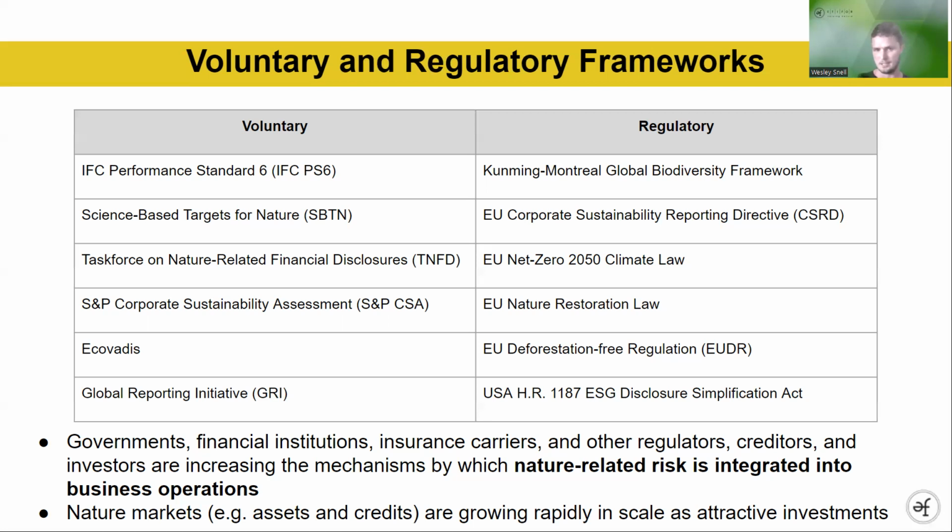And the important thing is this: governments, financial institutions, insurance carriers, and regulators, creditors, investors are putting more pressure on the private sector for integrating nature-related risk into business operations and for demonstrating that you're putting nature at the heart of your decision-making. These are growing in scale, and I see this a lot with the clients that I work with, right?